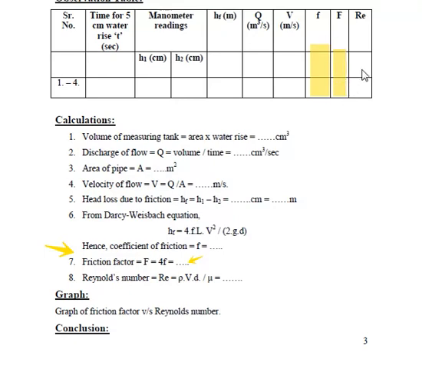And now this coefficient of friction and friction factor is at what Reynolds number, you have to find out. And to find out the Reynolds number, you have the equation, that is Reynolds number is equal to rho Vd upon nu. Again, these parameters are density, velocity, diameter, and nu.